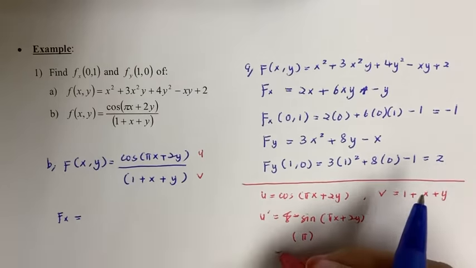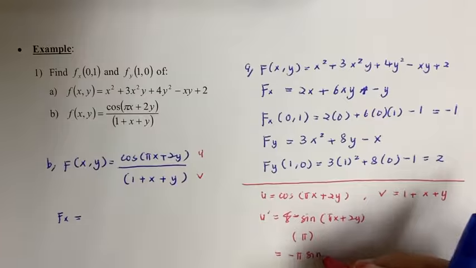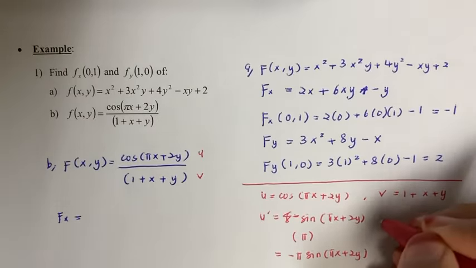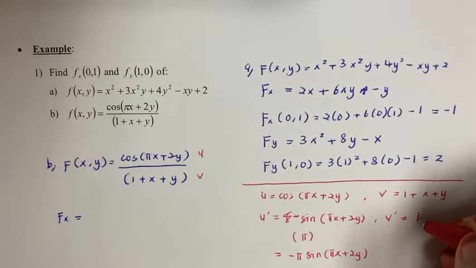So this is equal to minus pi sine(pi x plus 2y). Next, v prime with respect to x is equal to 1. This is 0 plus 1 plus 0, so you just have 1.